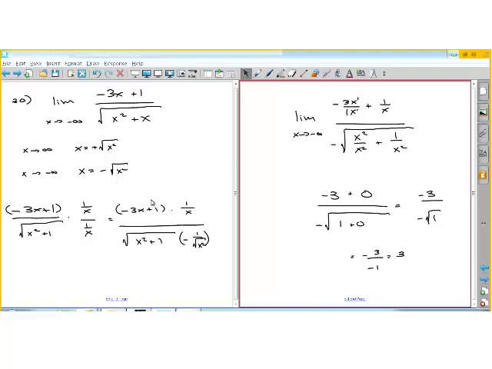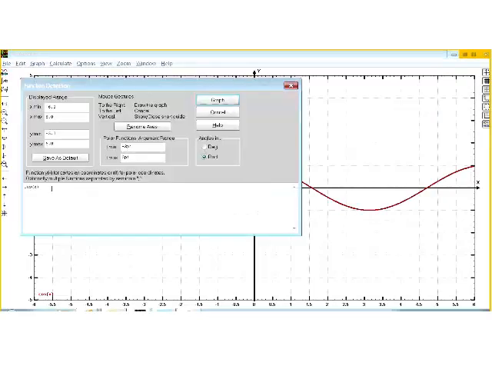So let's just plot this thing, see what it looks like. So the function is negative 3x plus 1 divided by the square root of x squared plus 1.